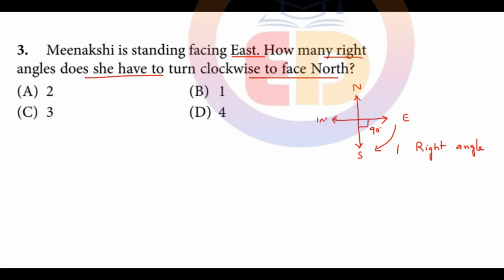Now from south she has to go to west. For this she will have to take one more right angle. So this will be the second right angle, and from west now she has to come to the north. So again she has to take the third right angle, because this is also 90 degrees. So in total she has to take 3 right angles. Answer is option number C.